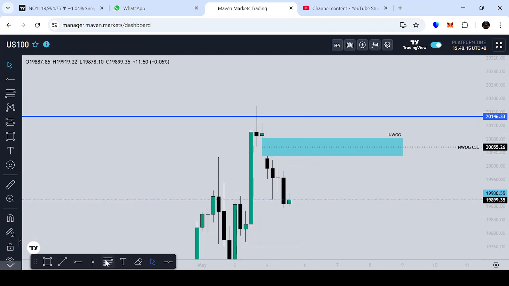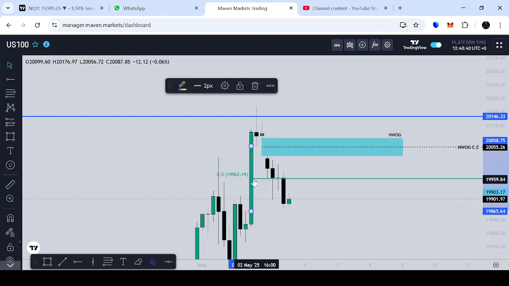You can see how price violated the consequent encroachment of this inefficiency, a buy side inefficiency, sell side imbalance. Between this bearish candle, the order block up close candle, the low of it, and the high of this bullish candle, you anchor from this to the low. That's the consequent encroachment of this inefficiency.